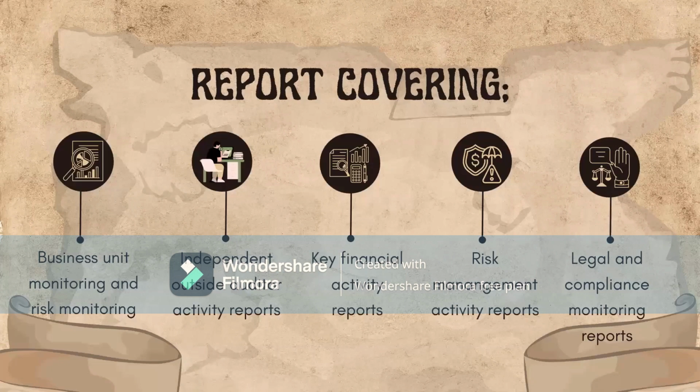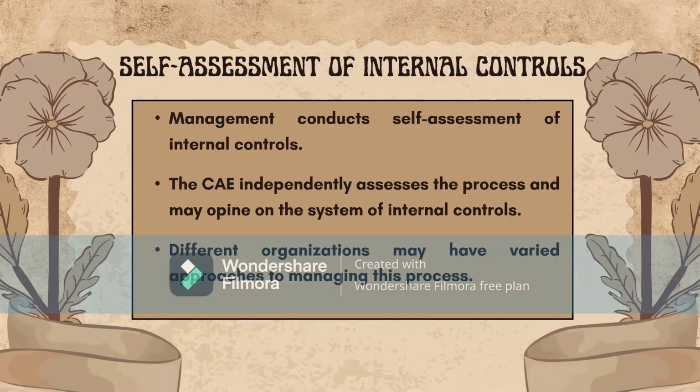Additionally, management and the CAE coordinate efforts to routinely report on various risk and control activities performed by either, in accordance with roles and responsibilities set by the board and the audit committee. This typically includes reports covering business unit monitoring and risk monitoring, independent outside auditor activity reports, key financial activity reports, risk management activity reports, and legal and compliance monitoring reports.